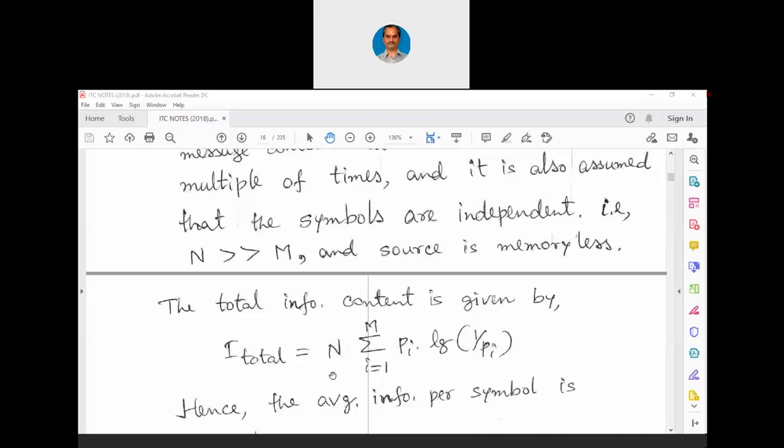It is 26 to the power of 26. Those many relationships we will have. If at all we assume that symbols are statistically dependent, and that the source is having memory as far as the character set is concerned, then information theory is much more complicated.